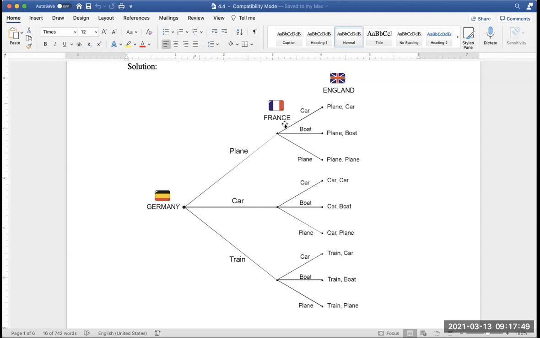From France to England, car, boat, and plane. So they can go plane, car; plane, boat; plane, plane; car, boat; car, plane; train, car; train, boat; train, plane. So these 9 different ways are how they can go from Germany to England.